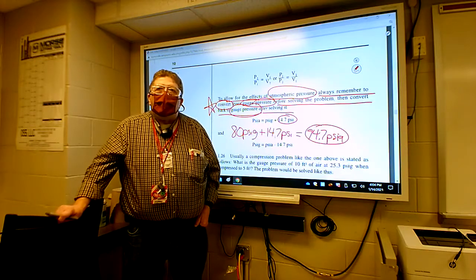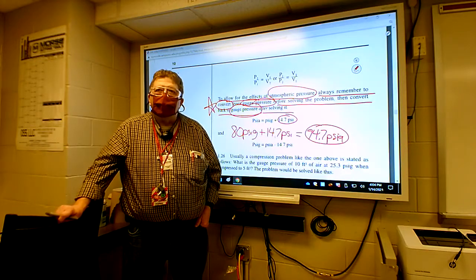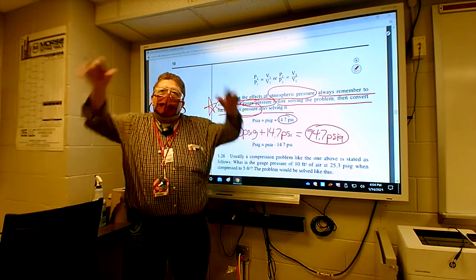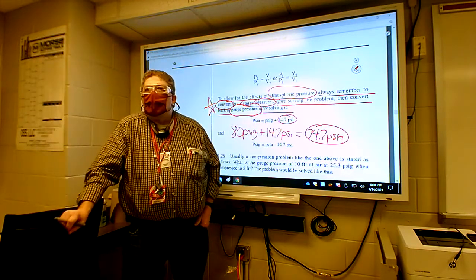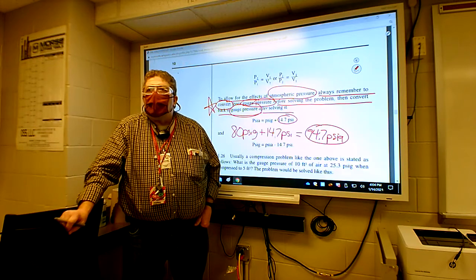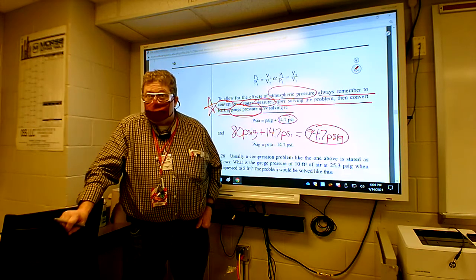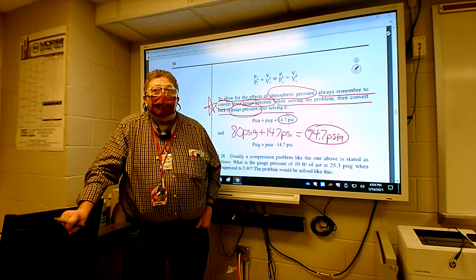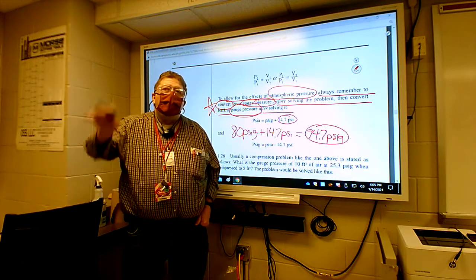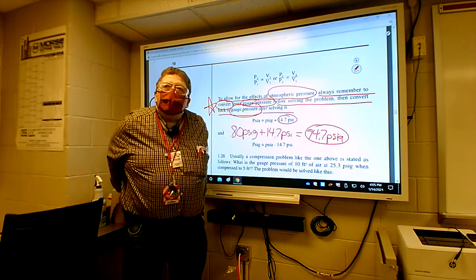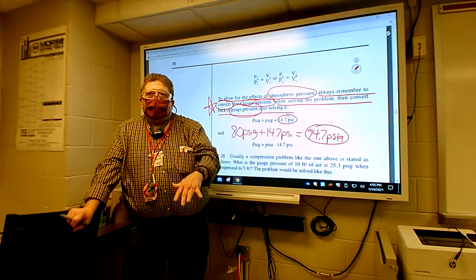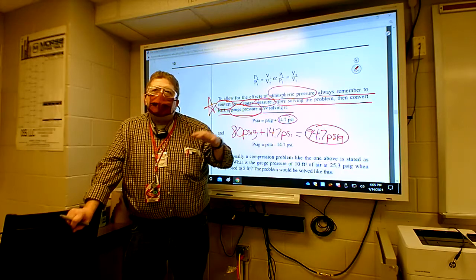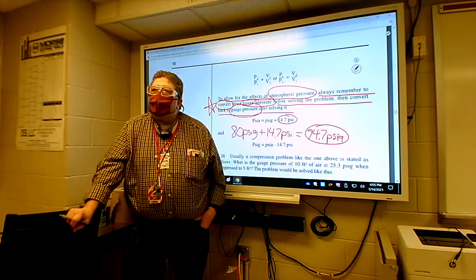All right, so you said that 14.7 is atmospheric pressure at sea level. Okay, so if you change the elevation, you have to change that number? If you were going to be exact, yes. If you were on Mount Mitchell, it would be different. If you were, say, at the Dead Sea, which they say is below sea level over in the Middle East, it would be different.